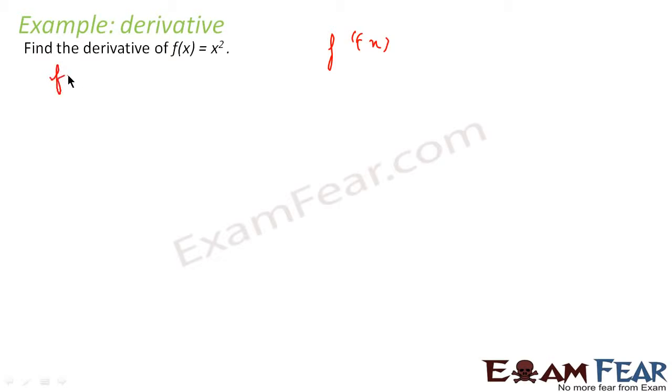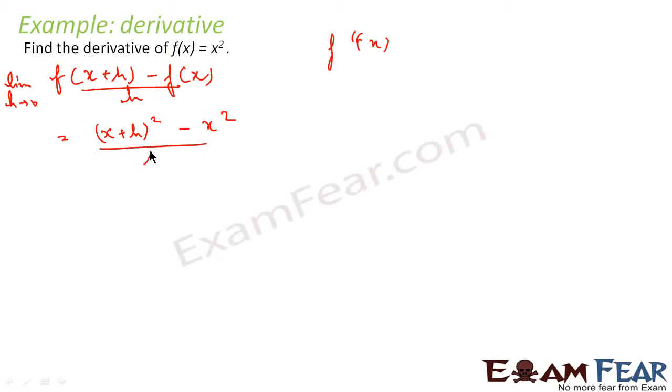So f dash of x is nothing but f(x+h) minus f(x) by h, and here h tends to 0, correct? This is the formula. So we put this value here, this becomes (x+h) whole square, because f(x) is equal to x square. So f(x+h) is nothing but (x+h) square, minus x square by h, where h tends to 0.